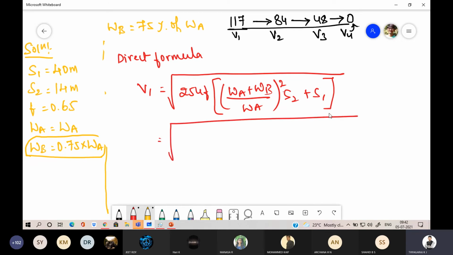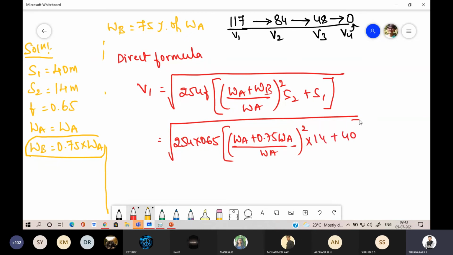So 254 into 0.65 WA plus 0.75 WB divided by WA whole square into S2, it is 14, S1, it is 40. Check it. Are we getting the same value? 117 kmph.